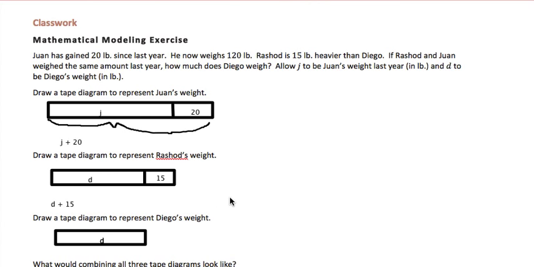If we were then to combine all three tape diagrams, we would have these three. And remember that we tried to draw them so that they showed how they represent each other.